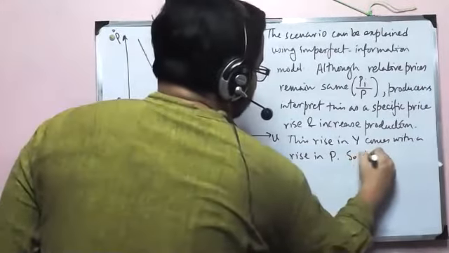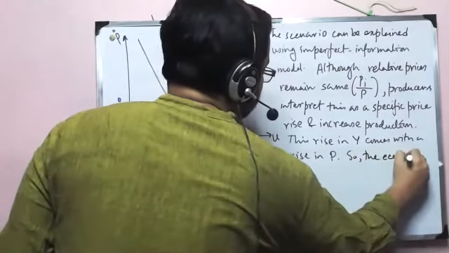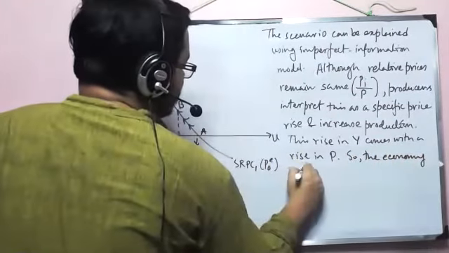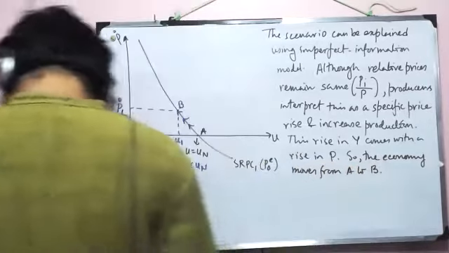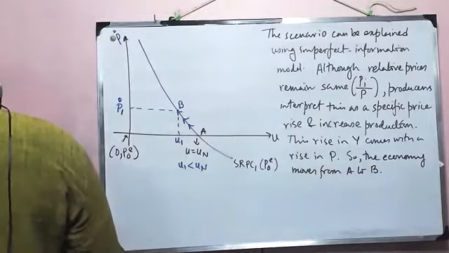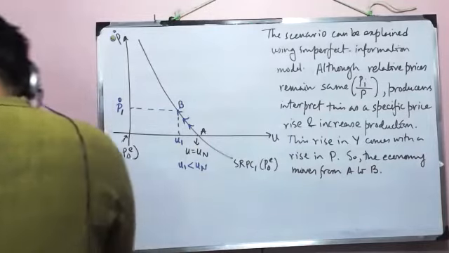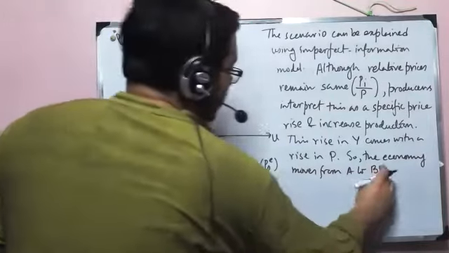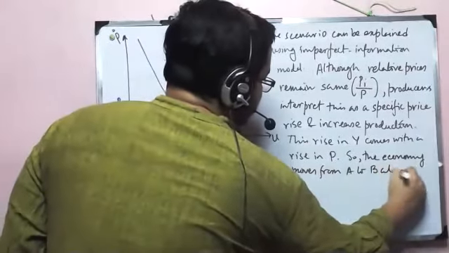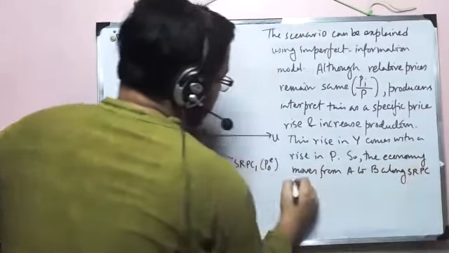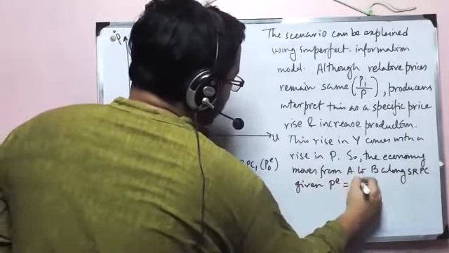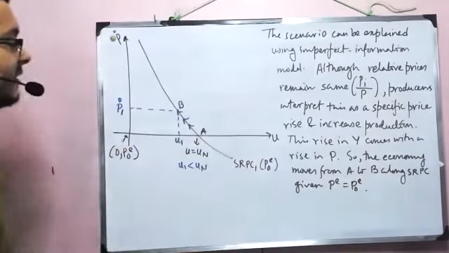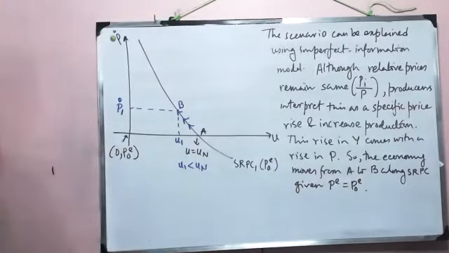So the economy moves from A to B along the SRPC, given PE equal to P naught E. So given this expected price level, the economy moves along the SRPC, and that's fine.